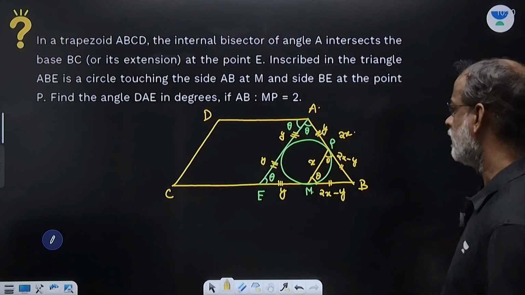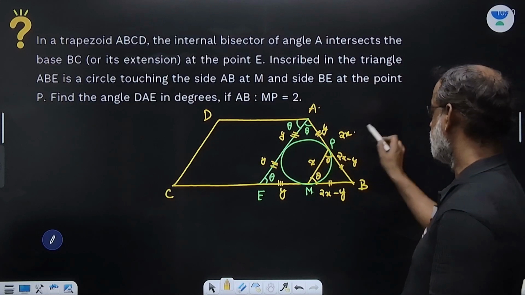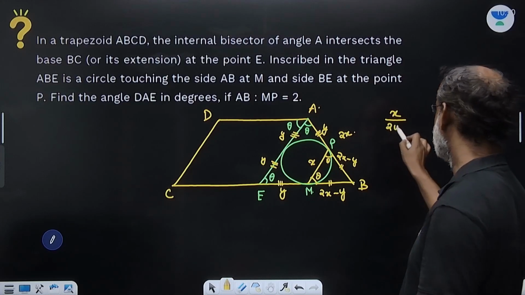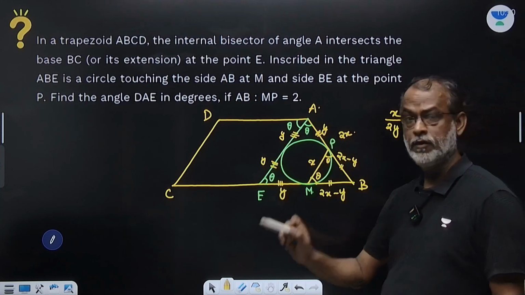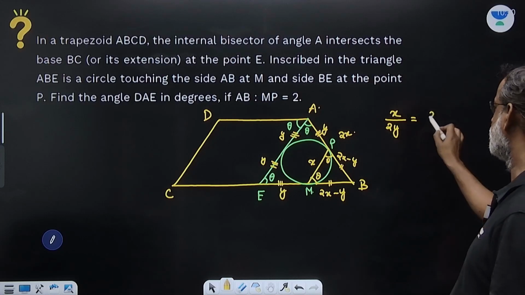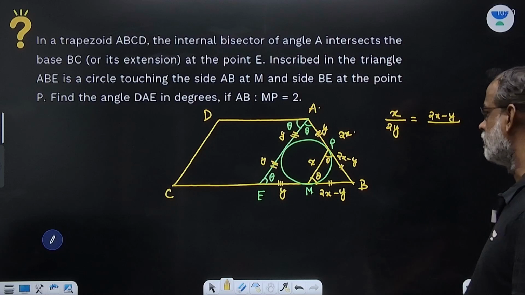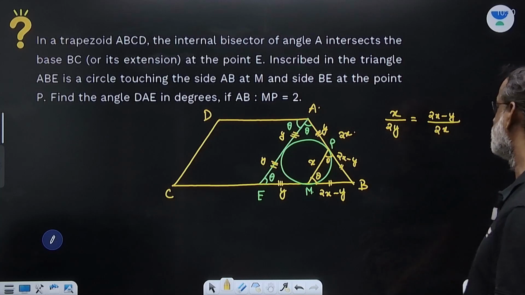Now, we can say x upon 2y, okay, x upon 2y, similarity we will use is 2x minus y upon, what is this whole length? 2x, isn't it?